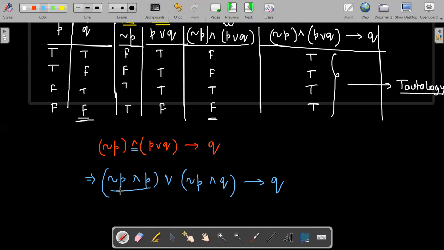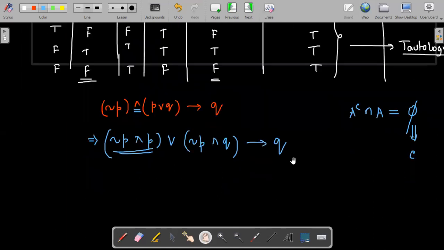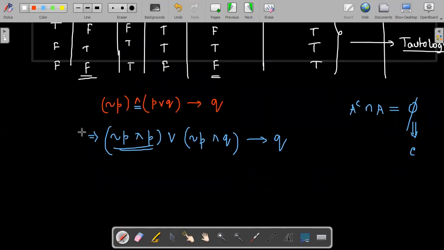Now see this one. This is nothing but A complement intersection A. We all know that is a null set. Here null implies fallacy, or contradiction. Okay, fallacy or contradiction.